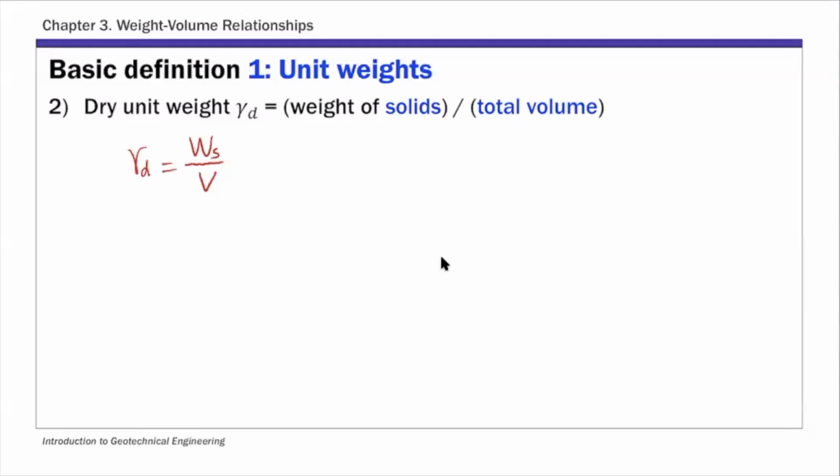Okay, so that's dry unit weight. The typical range for dry unit weight is 85 to 105 PCF. Okay, so that's the typical range of dry unit weight.